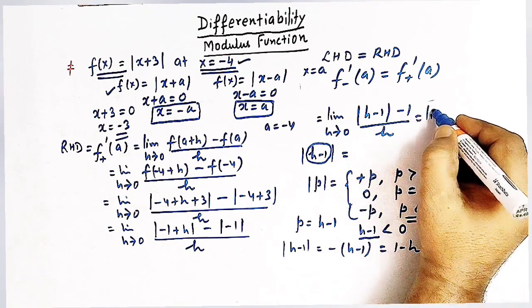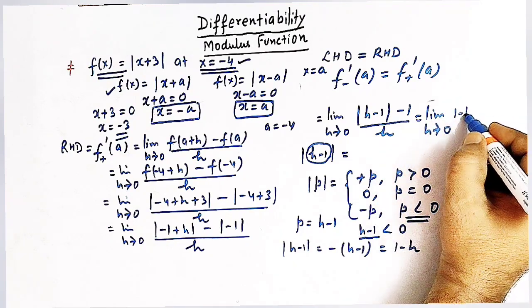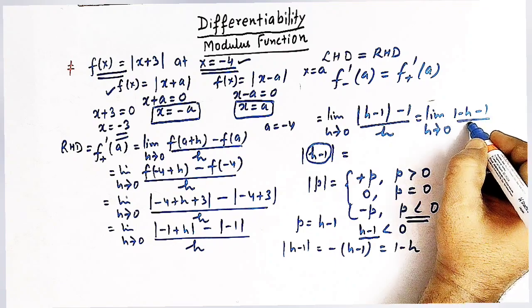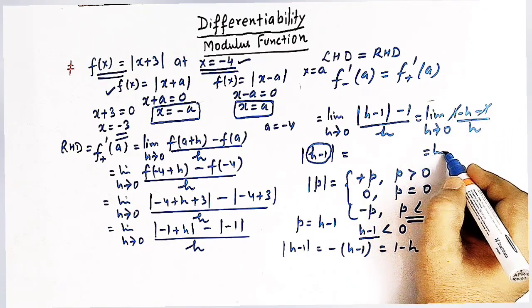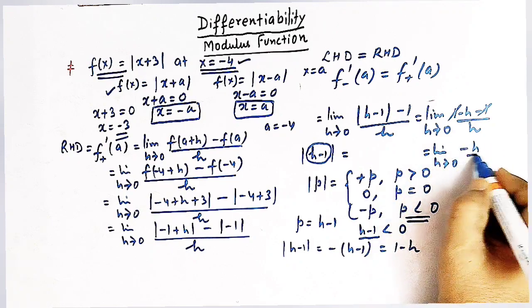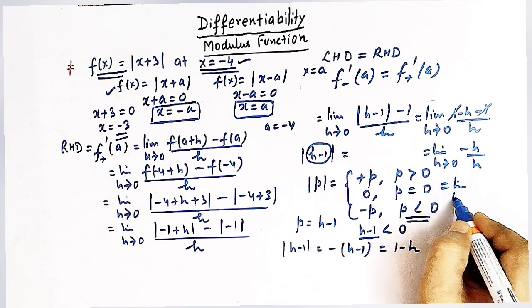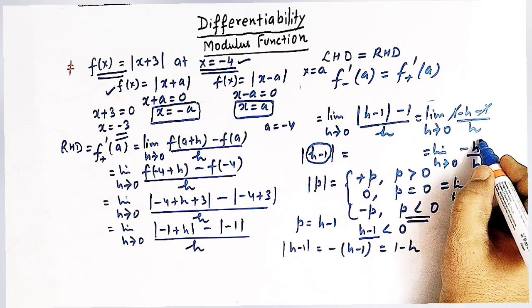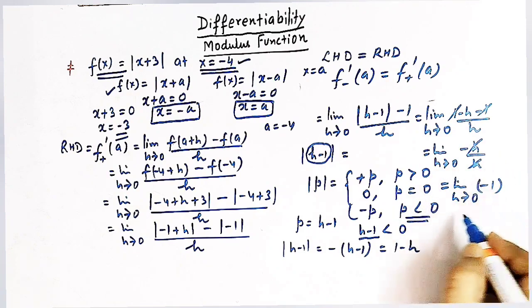So here we have limit h tends to 0 of 1 minus h minus 1 over h. Now this one and this one get cancelled. We are left with limit h tends to 0 of minus h over h. The h gets cancelled, and we are left with minus 1.